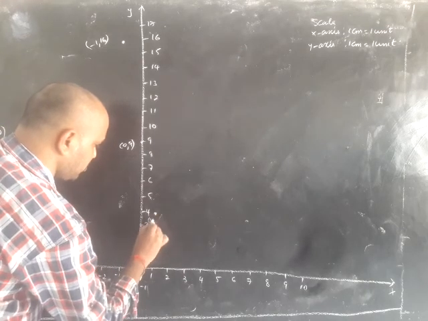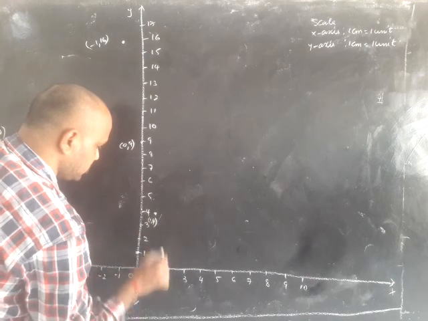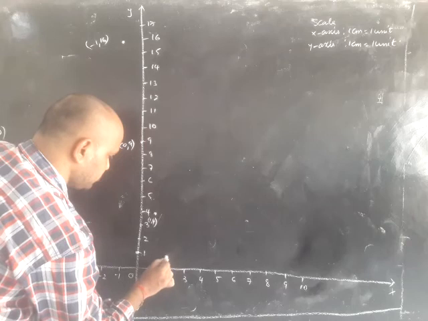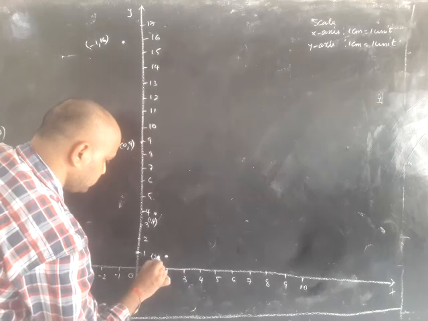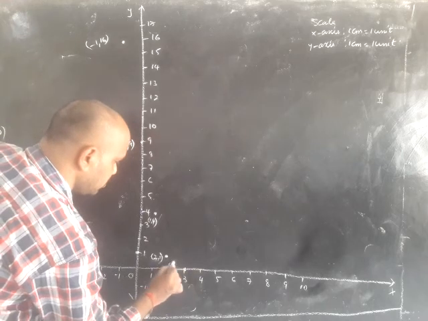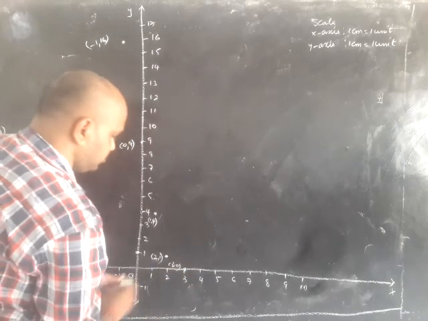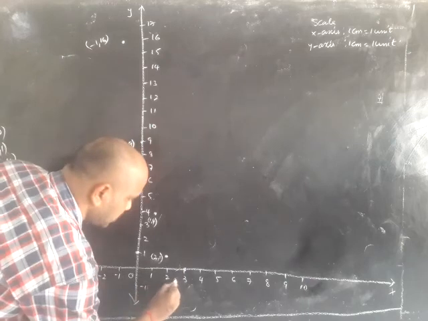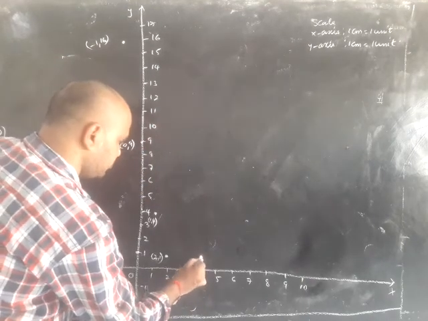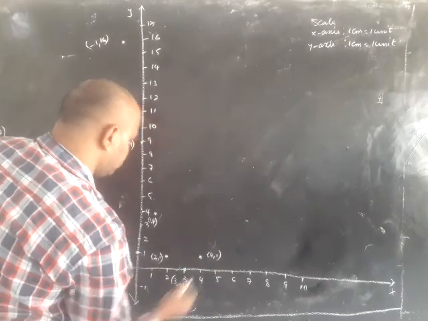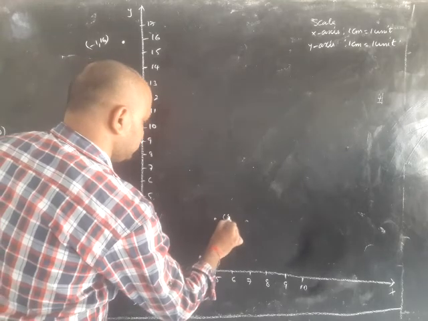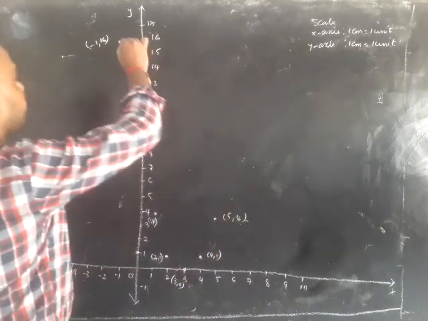Next 2 comma 1 here. Next 3 comma 0 here, this point. Next 4 comma 1. 5 comma 4.